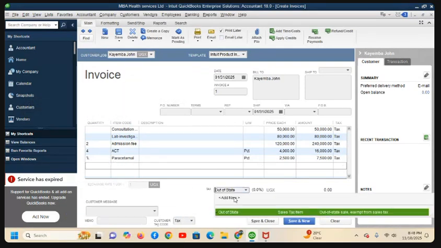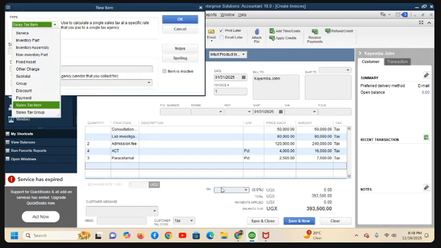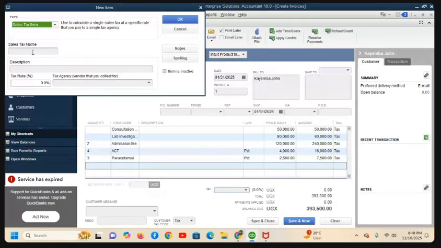So I come here and I put new tax. When I do tax, this one is called sales tax item. Then what is the tax? It is VAT, which the description is a sales tax. And what is the rate? Our VAT in Uganda is which rate? 18%.